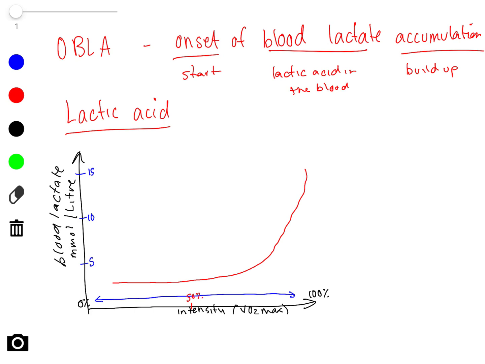So we might be starting with a beginning level of about 2.5 on the side there, and as our intensity increases to 50%, we're not working at a maximal or even partly maximal level, so we still don't have very much lactic acid happening in our blood. But as soon as we start to get to higher levels, then our lactic acid in our blood starts to build up even more.